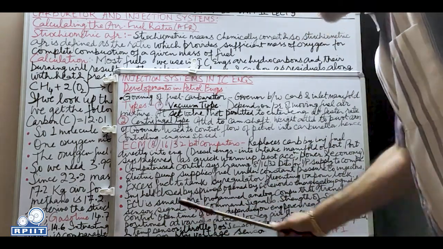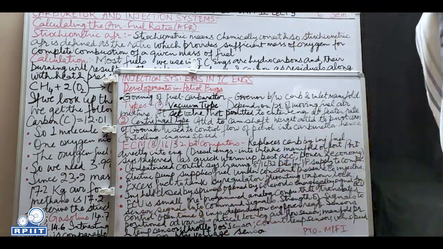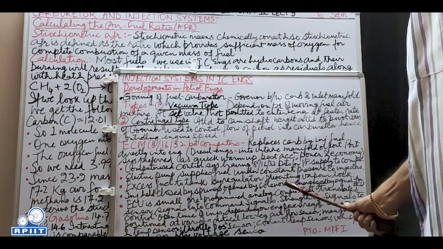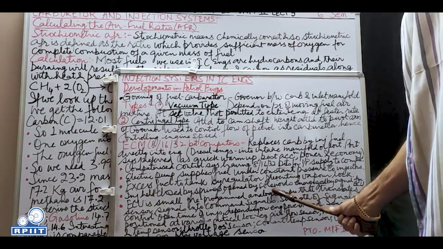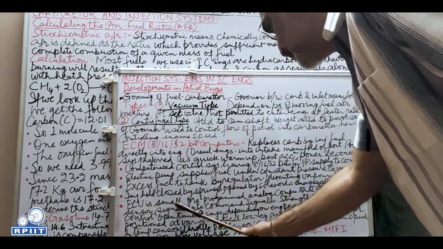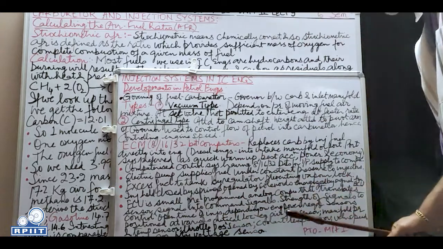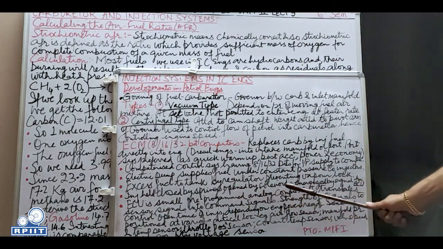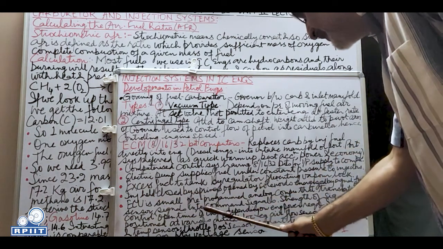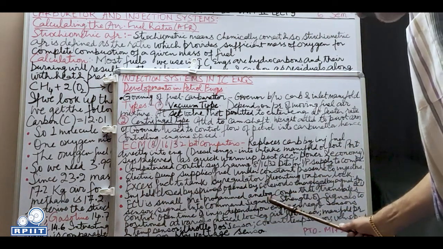Come to a new term, electronic control unit. The purpose is to supply power to the solenoids for opening and passing of fuel. The electronic control unit is a small pre-programmed analog computer that translates the sensor signals into command signals.